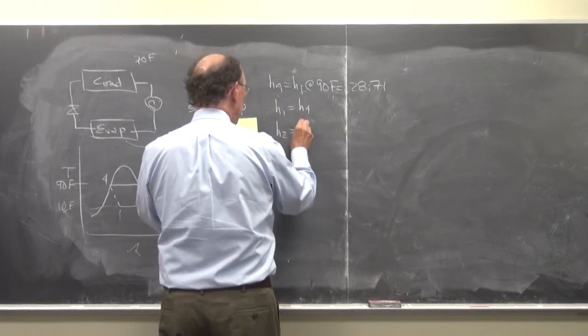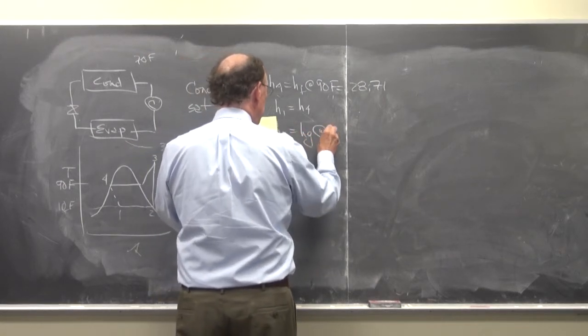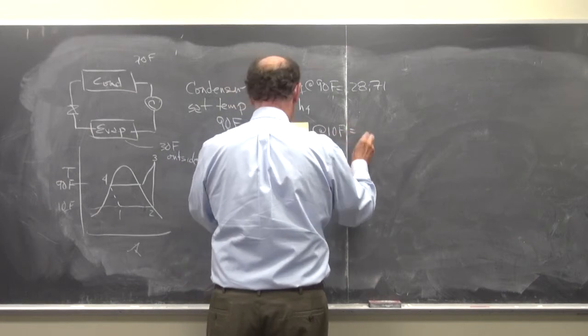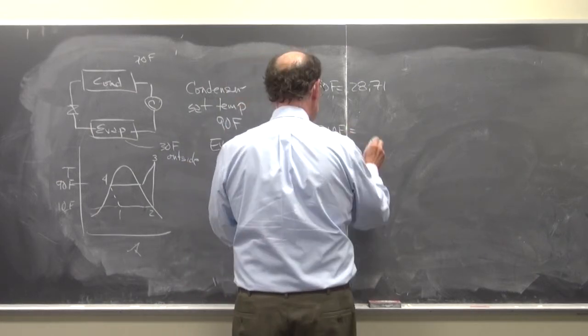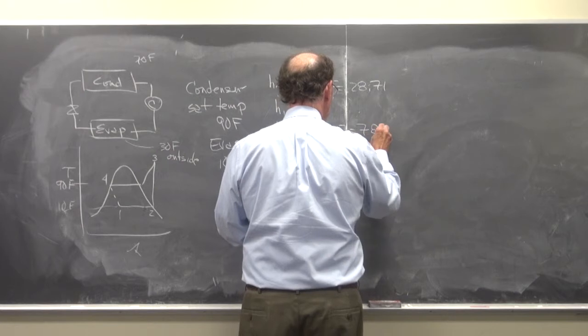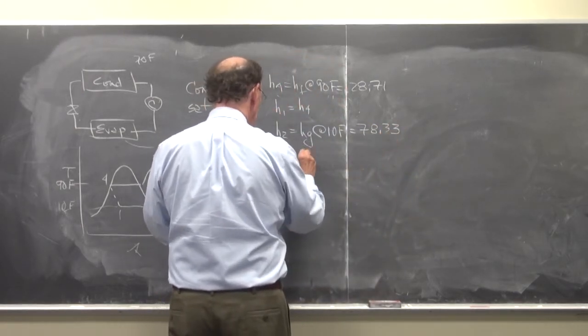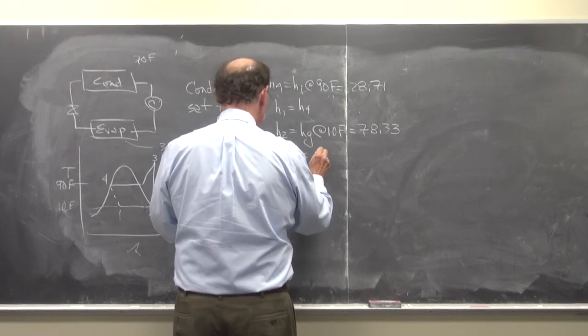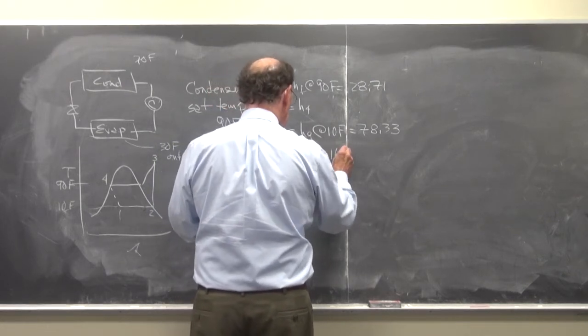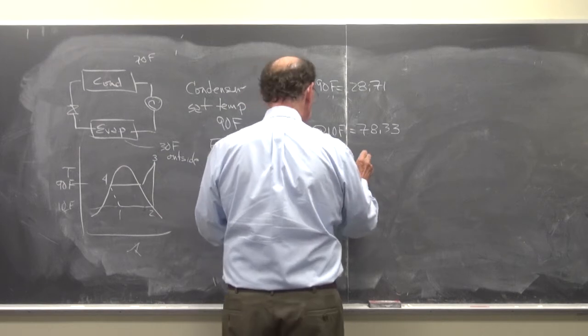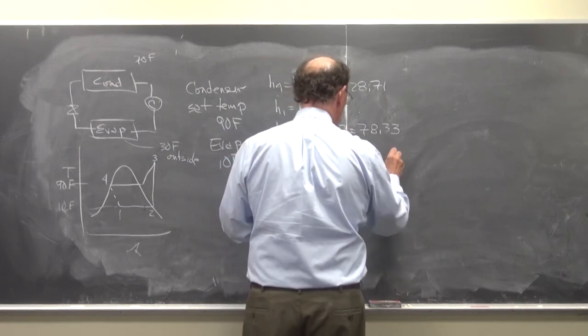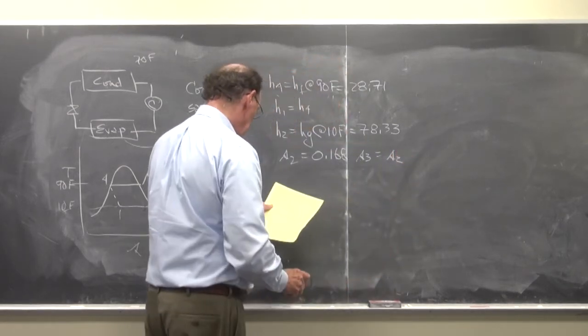H2 is equal to H sub G at 10 degrees Fahrenheit, which is 78.33. S2 is 0.168. S3 is equal to S2.